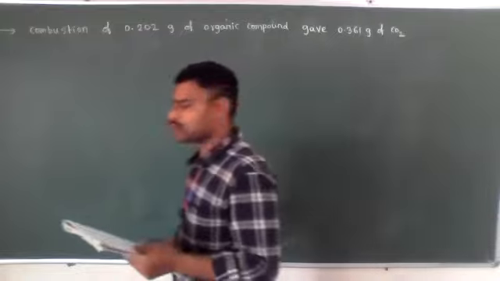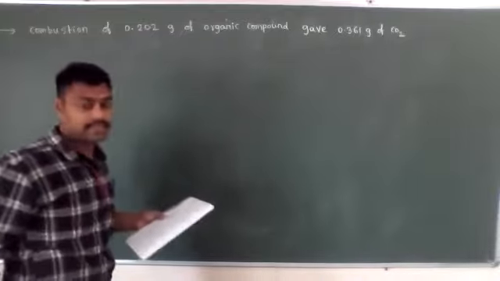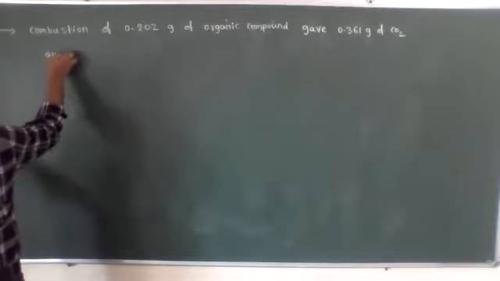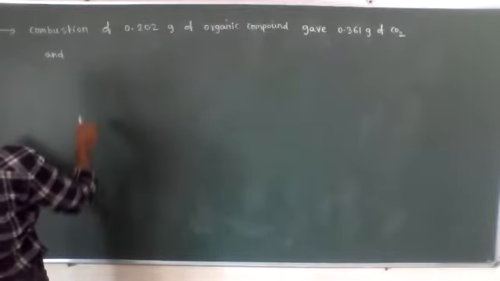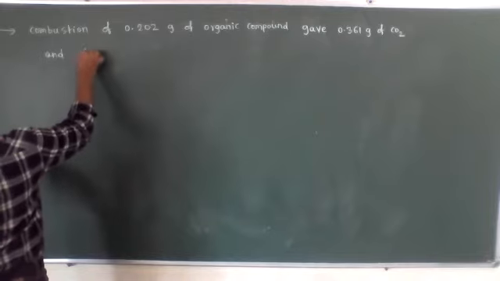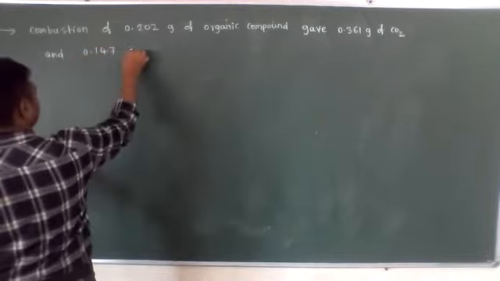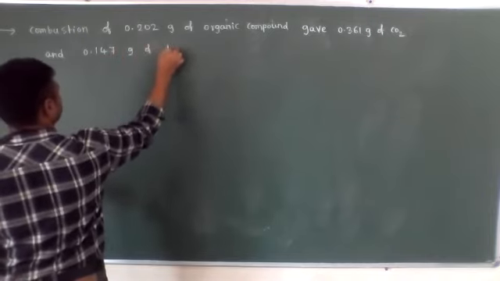So how much CO2 is produced? 0.361 grams of CO2 is produced, and 0.147 grams of water.